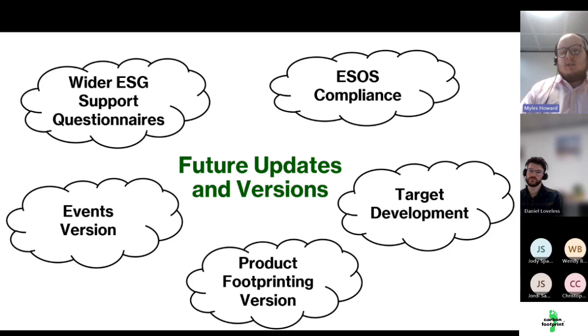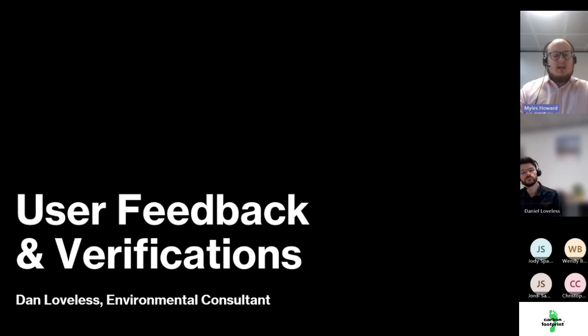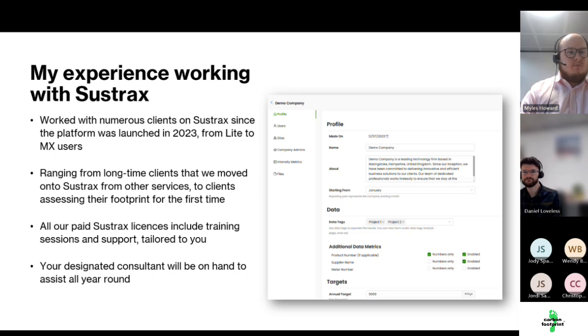But if you're interested in product footprinting services, we can do them already, but we are looking at building a platform for that. So what I'm going to do here is pass over to Dan Loveless, one of our environmental consultants, and he is going to look at the user feedback and verification side of the Sustrax platform. Over to you, Dan.